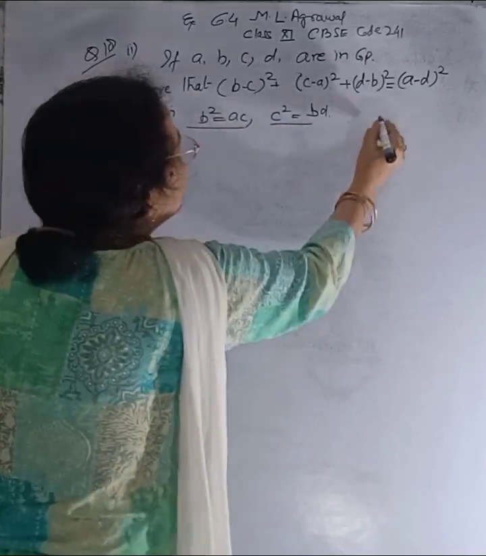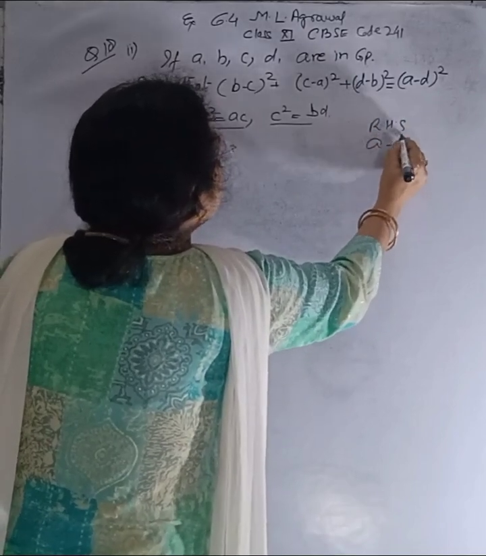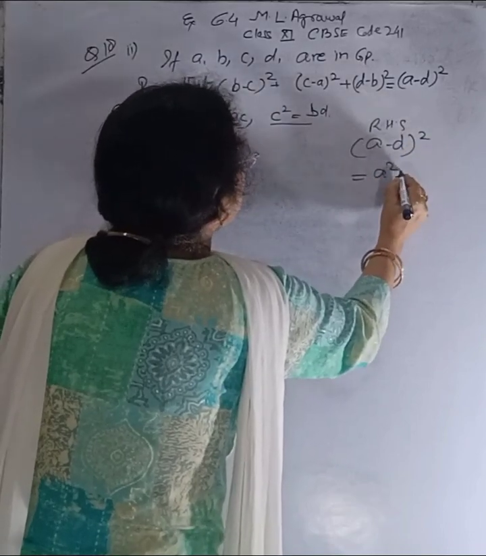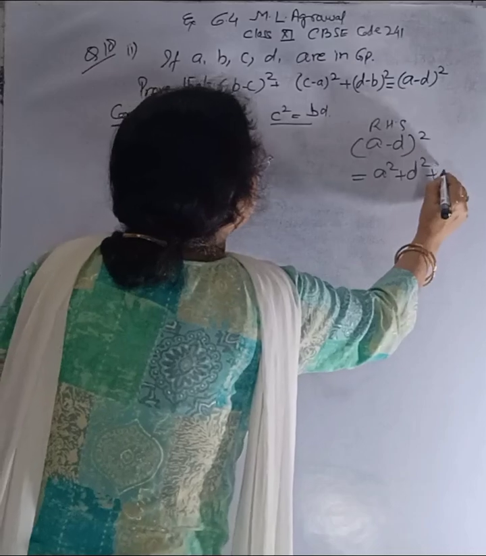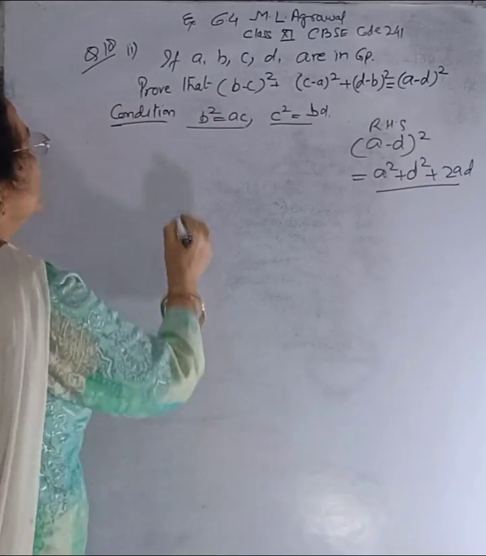What is the right hand side? Right hand side is (A minus D) whole square, that is equal to A square plus D square minus 2 times AD. This is to be proved.